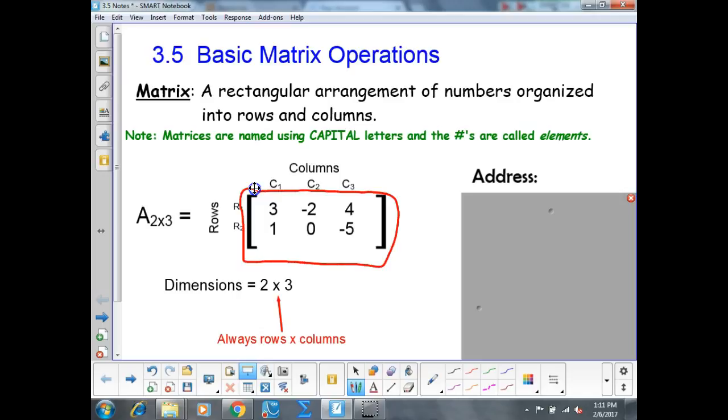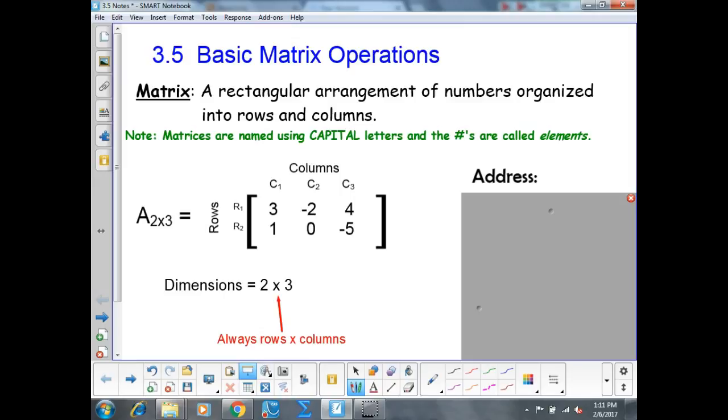That is matrix A. And then this other stuff after it, that's the dimensions. That's the dimensions then of it. So A is a 2x3 matrix because it has 2 rows and 3 columns. Rows are horizontal, columns are vertical.